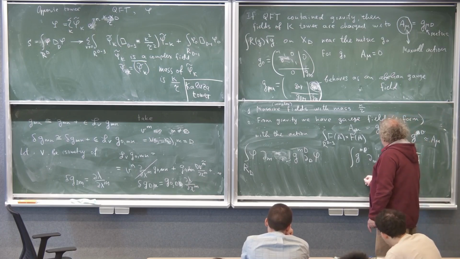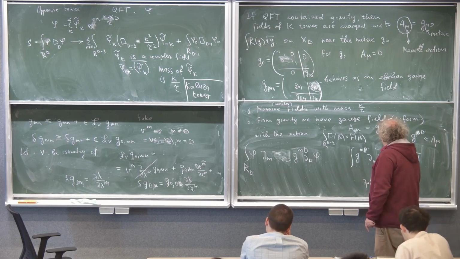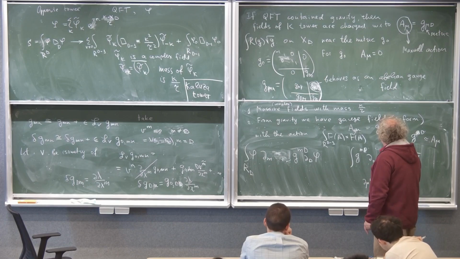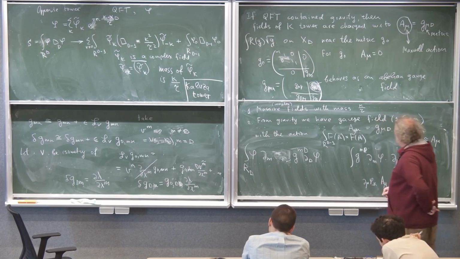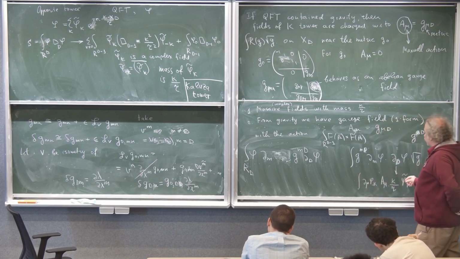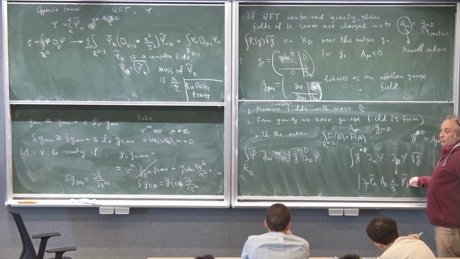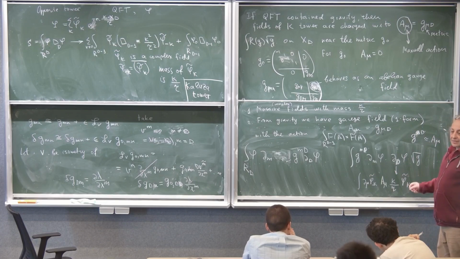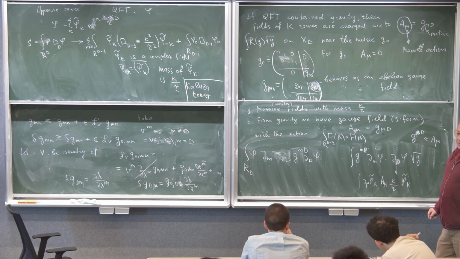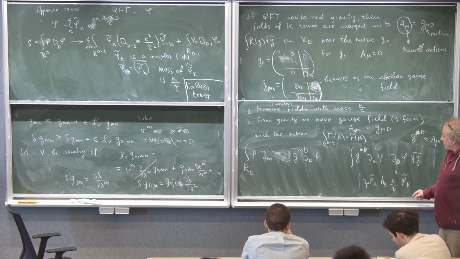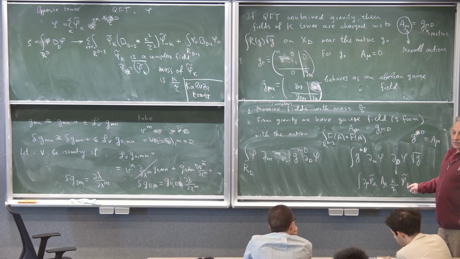And here I will have d_mu phi minus k, and here I have this A. And you may easily see here, in the order linear in A, the coupling between the scalar field, the charged scalar field, and the gauge field.